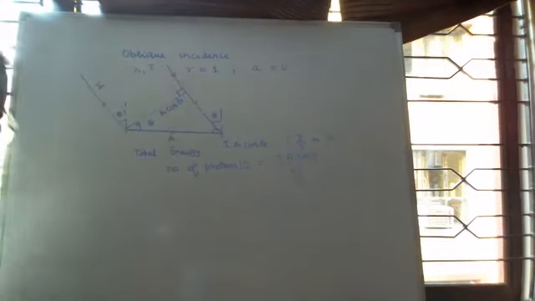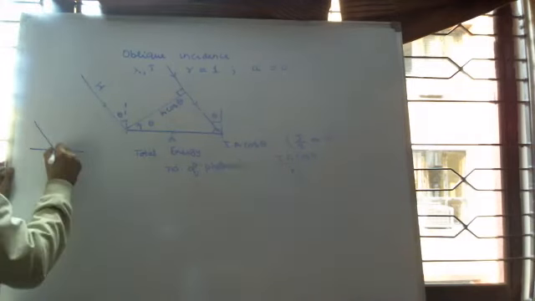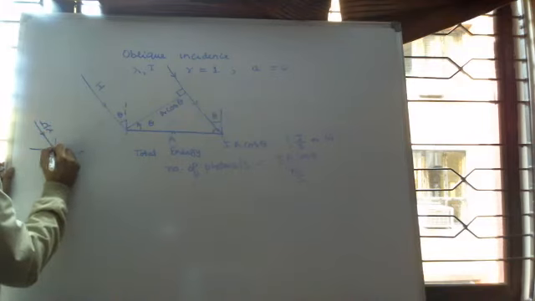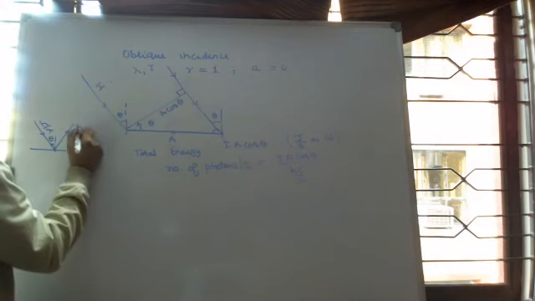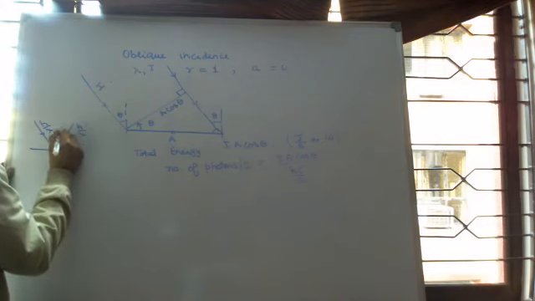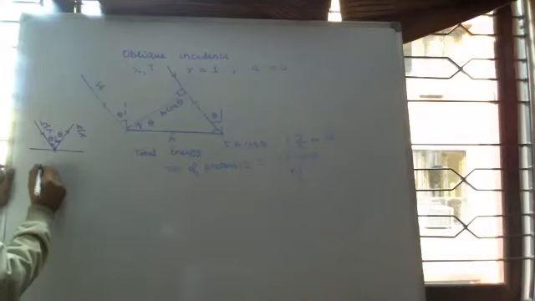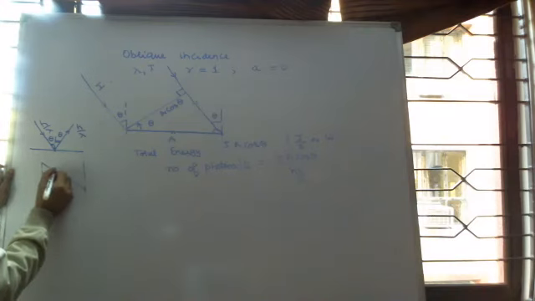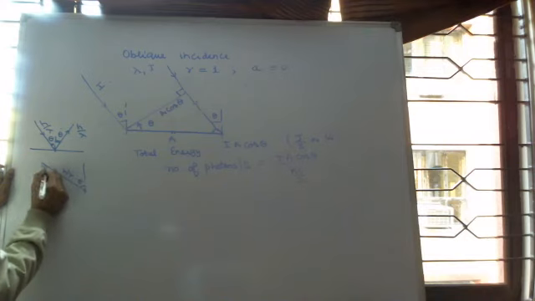Right? Look at any photon: it's falling with a linear momentum h by lambda, making an angle theta like this, and is getting reflected with h by lambda, making an angle following the laws of reflection. Now look at the photon that is falling. This is theta, this is theta.